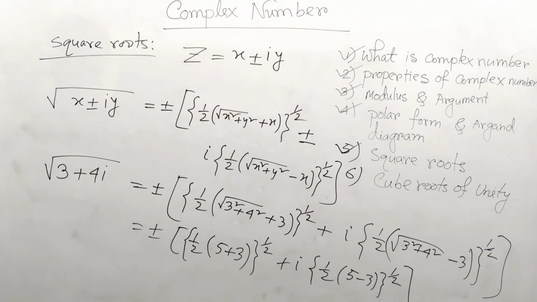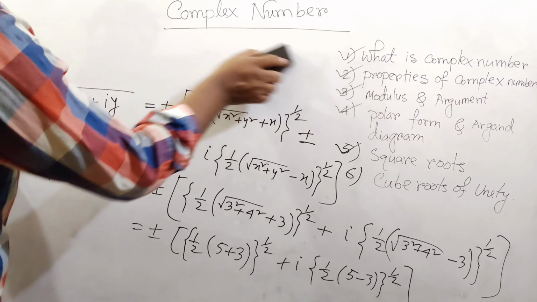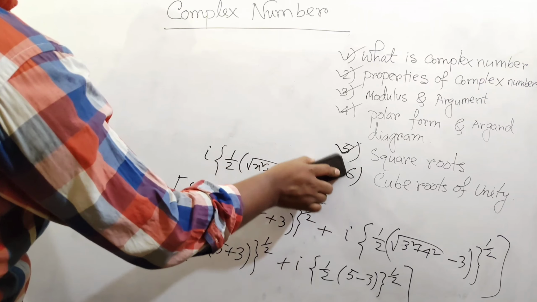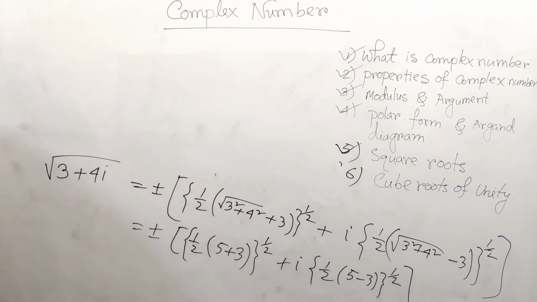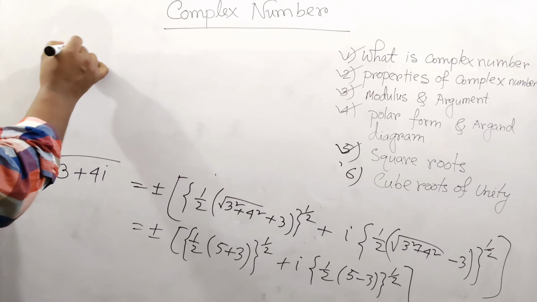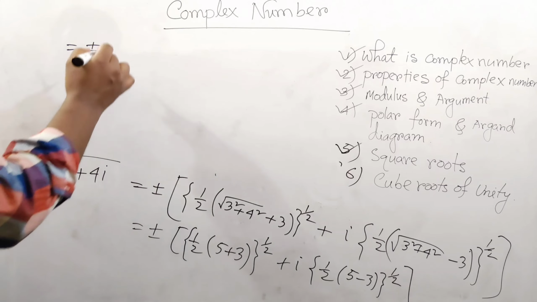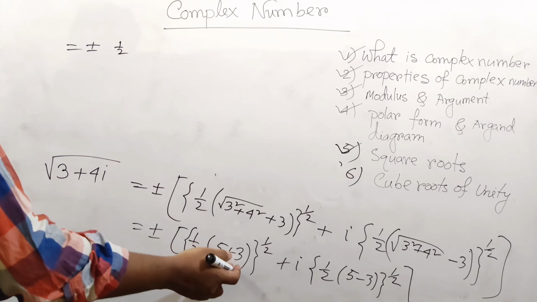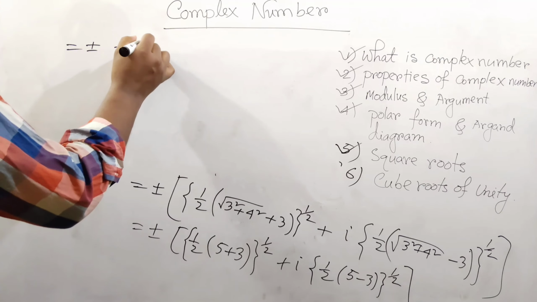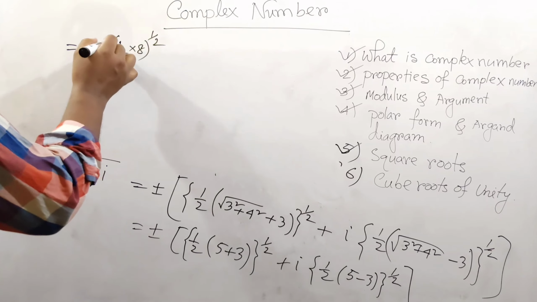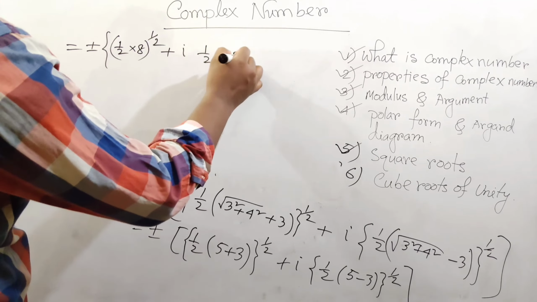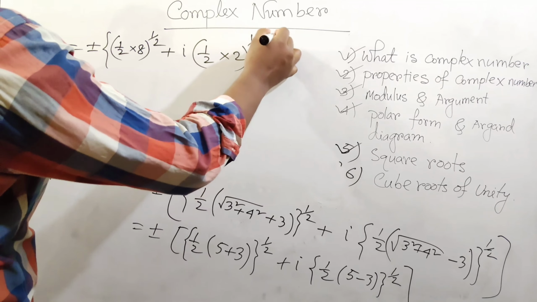Now if you do the rest of the calculation, plus or minus half of 5 plus 3, which is 8, to the power half, plus i half of 2, to the power half.